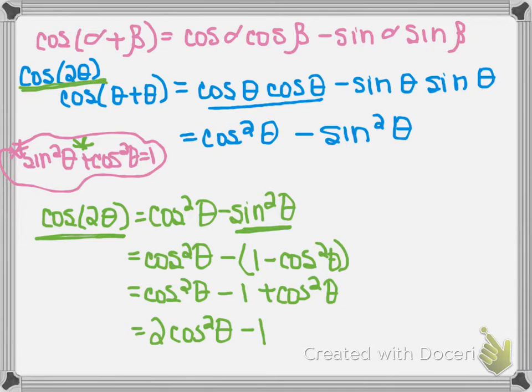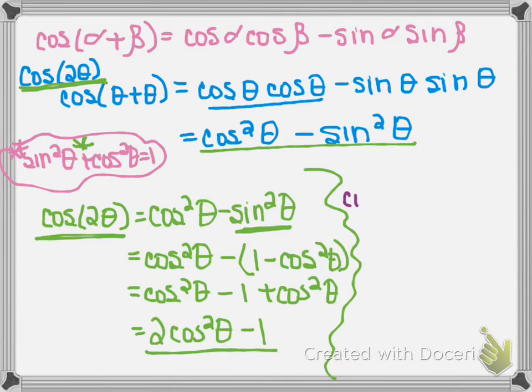Okay, so I've got it here in terms of both of them. Now I've just figured out how to do it in terms of just the cosine. I could also do it just in terms of the sine. Same idea. I've got cosine of 2 theta equal to cosine squared minus sine squared.